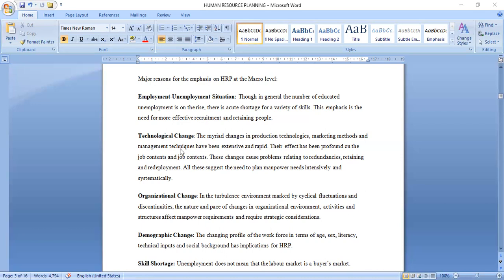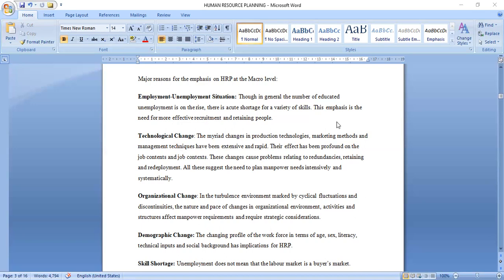So technology, of course, progress or improvement or increase in technology also requires people that are compliant with the changing technology. So if you've not updated your papers, or you updated your studies, at the end of the day, you may find yourself being replaced because you do not have the relevant technological skills.